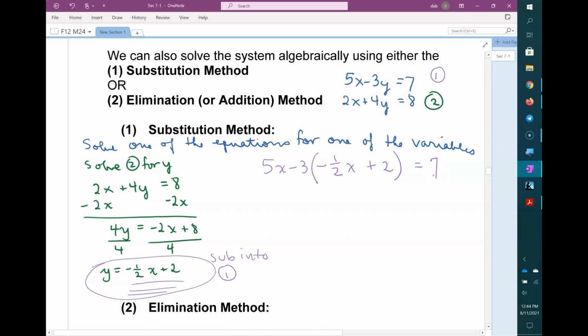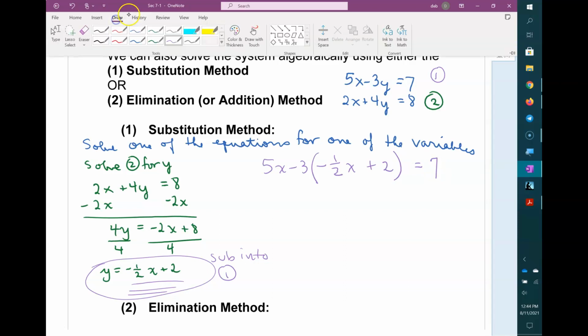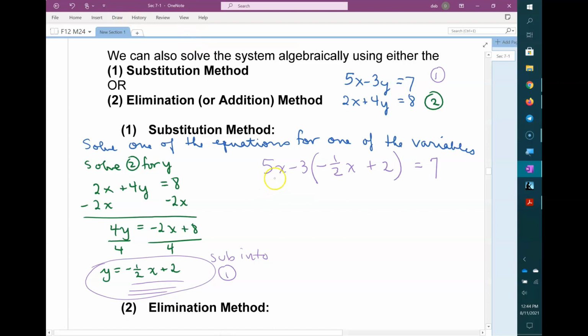So now you can see I only have an x variable left, so I'm going to be able to solve for x. So I'm going to distribute the negative 3 and get 5x plus 3/2 x minus 6 equals 7.